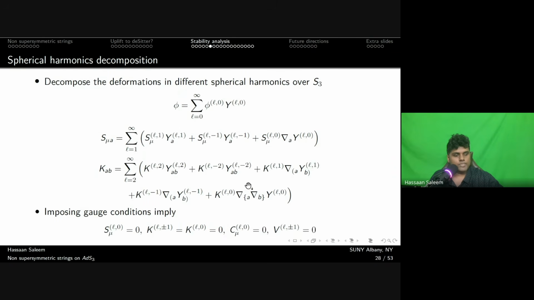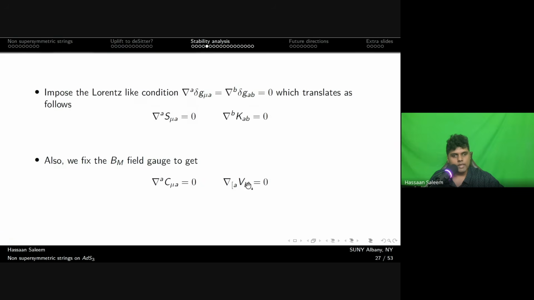Now what you have to do is, until now you have introduced perturbations and you have fixed the gauge, right? Now what to do? You can write down equations of motion now, right? But those equations of motion need to be broken down into different components. For example, in quantum field theory, we very frequently write down equations of motion and then break them into Fourier parts.